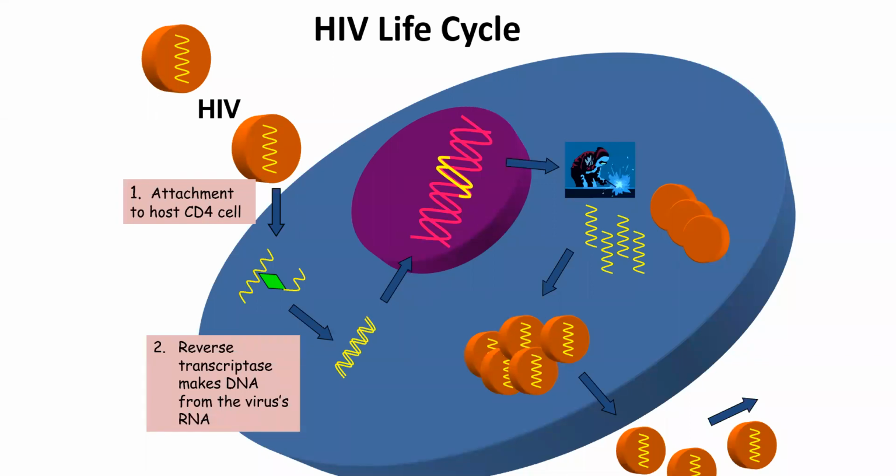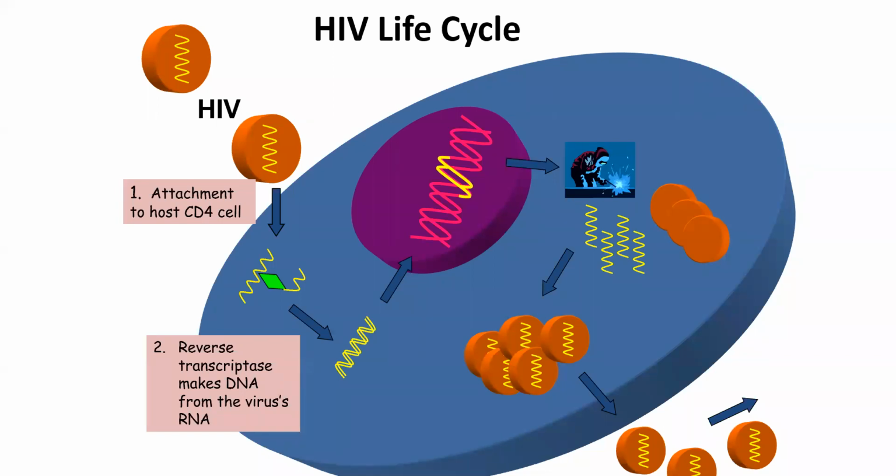The next stage, remember, as I mentioned, inside the HIV virus is an RNA strand, and that RNA strand within the virus is converted into DNA. The whole purpose of the life cycle is to multiply, and for cells to multiply, in most cases, we use DNA.